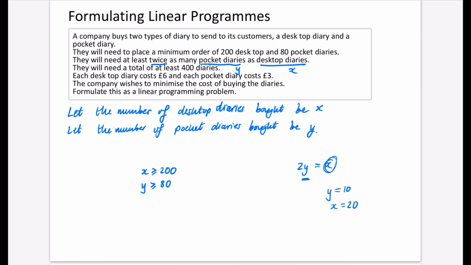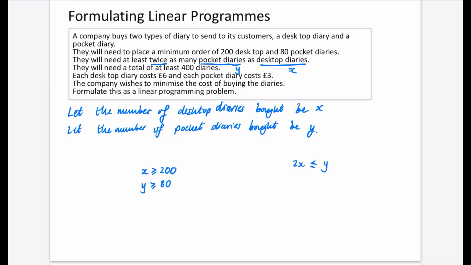And it's the other way round from how people usually think, because this is actually saying that we would have 20 desktop and only 10 pocket, but actually we're saying we need twice as many pocket diaries as desktop. We need more of the Y than we do of the X. It would actually be something like 2X and Y, because the number of pocket diaries needs to be at least twice the number of desktop diaries, which means it has got to be greater than or equal to 2X.